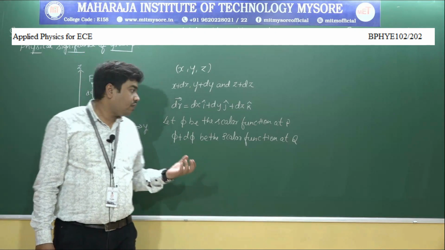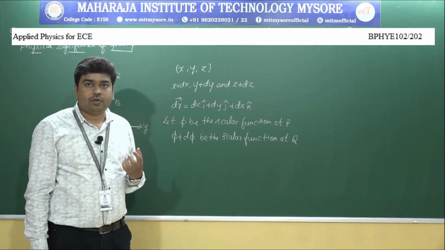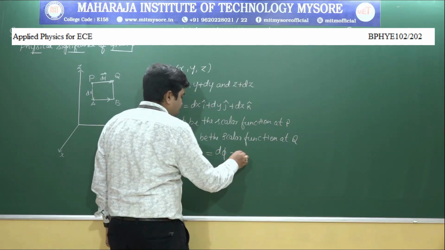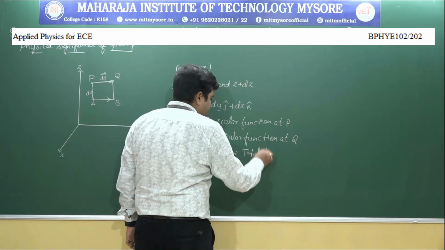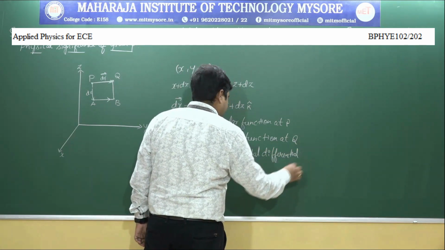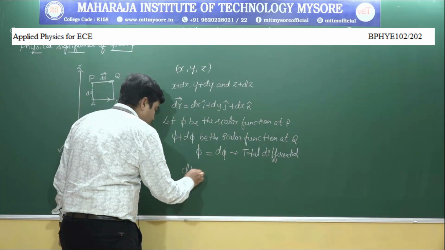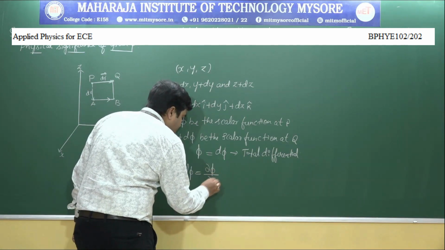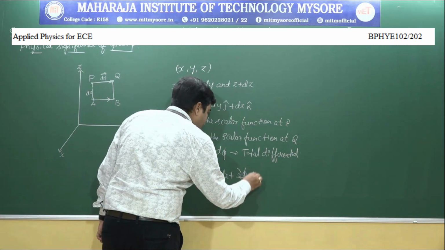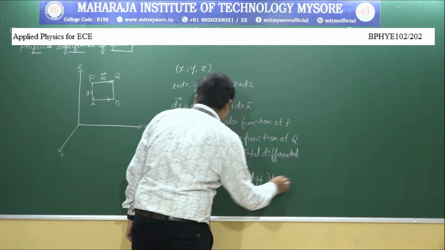Then the rate of change of phi, d phi, is known as the total differential of the scalar function phi, which is given by d phi is equal to dou phi by dou x into dx plus dou phi by dou y into dy plus dou phi by dou z into dz.